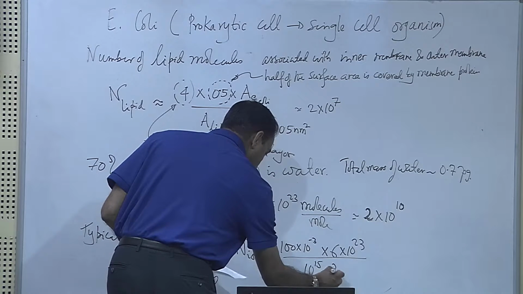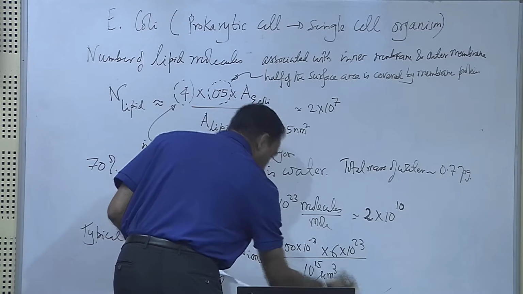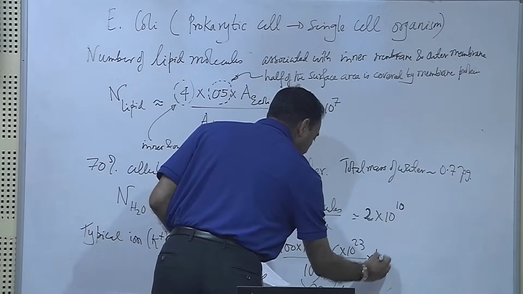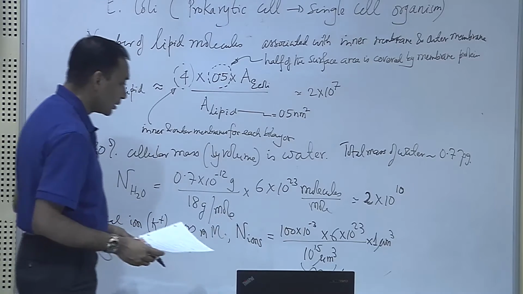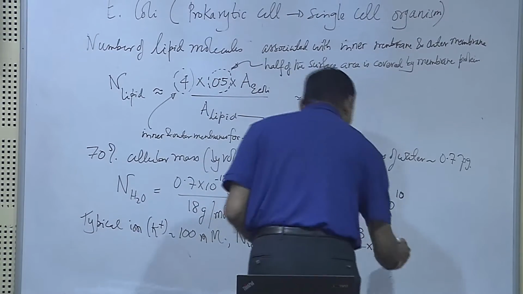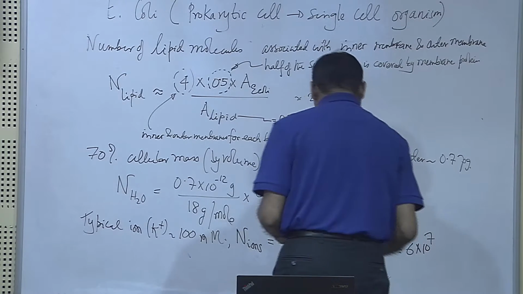So this is 1 liter times 1 volume, which is 1 meter cube. This gives us somewhere around 6 times 10 to the power of 7 ions.